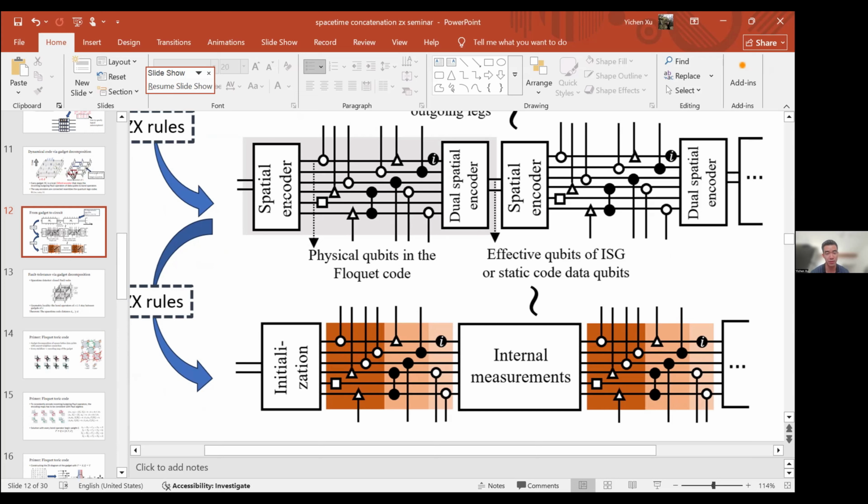The starred arrow is the place where you switch from unconcatenated to concatenated. That's conventional concatenation, and actually we never do this conventional concatenation, because in the actual circuit implementation we merge the spatial encoder and the dual encoder so that it becomes a bunch of measurements. So we always operate inside the concatenated code space. That's why the space-time code distance is at least, and we say at least because that's the origin of this inequality.